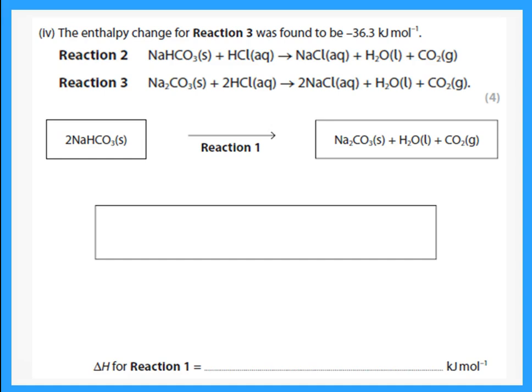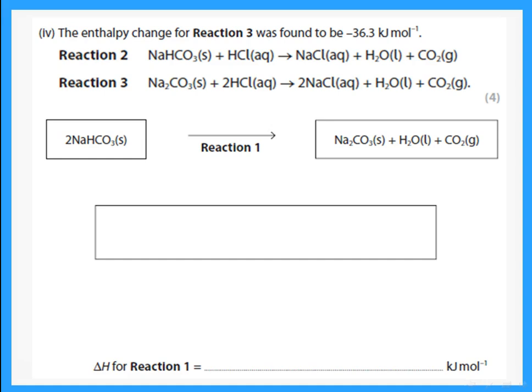Now, what are we going to do in this Hess cycle? The reaction he's trying to look for is 2 sodium hydrogen carbonate to give sodium carbonate plus water plus CO2. Now, notice that reaction 2 is sodium hydrogen carbonate reacting with HCl. Reaction 3 is sodium carbonate reacting with HCl.